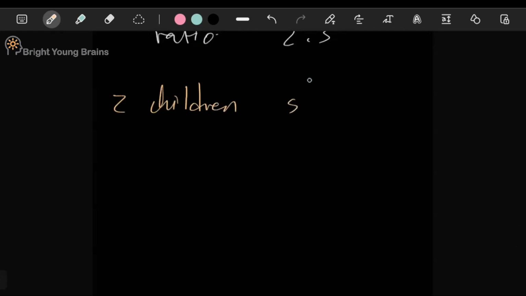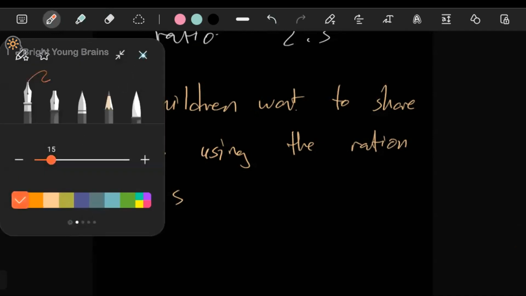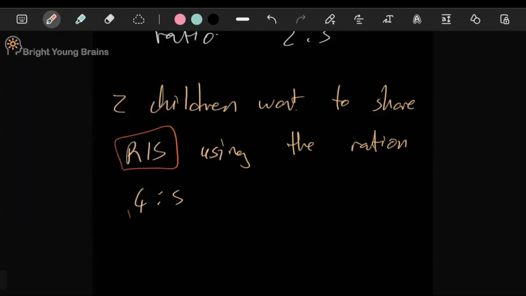Say you have 2 children, right? You have 2 children, and 2 children want to share 15 rand using the ratio 4 to 5.